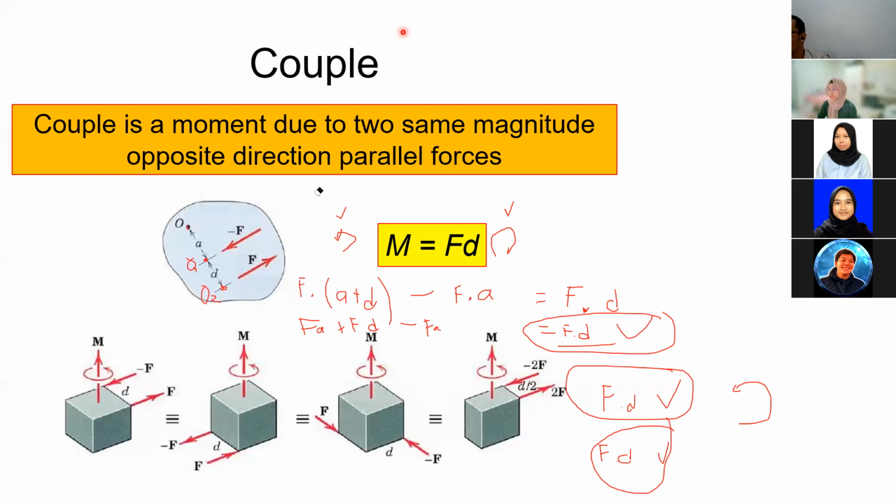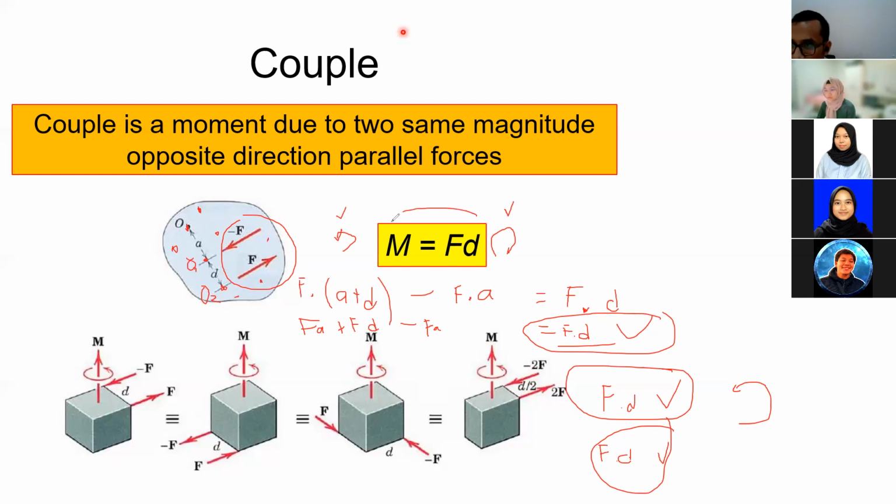You're saying no matter where the point is, the moment will be the same. The moment which is caused by a certain couple will be the same. So, for example, if we have this couple, the moment which is caused by this couple at this particular point, this particular point, this particular point, or any other point will be exactly the same.